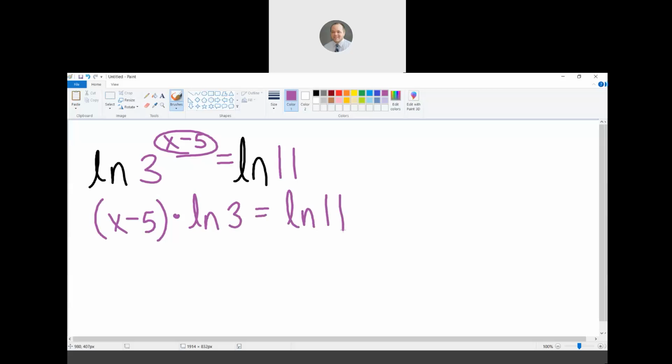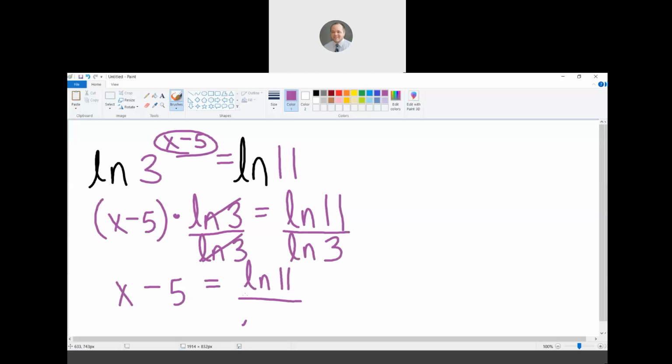Now, to make the calculations a little easier for us, I'm going to, first of all, divide both sides by natural log of 3. And that will leave us with x minus 5 equal to natural log of 11 over natural log of 3. And finally, to solve for x, you would add 5 to both sides.